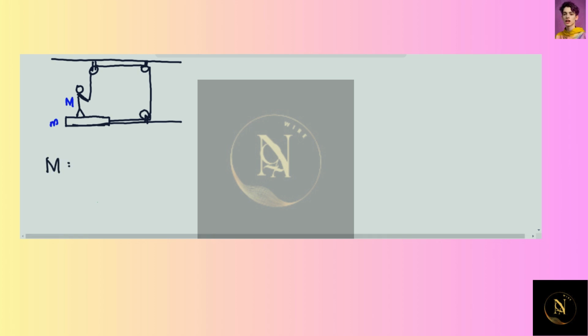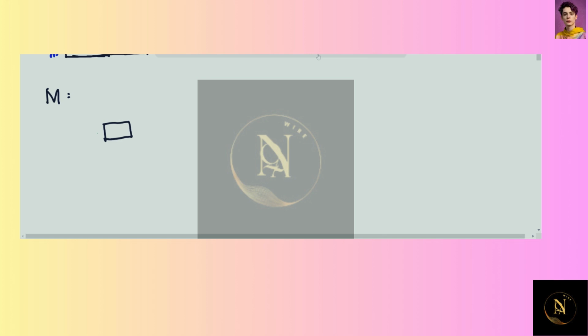Assuming this is the man, a simple model of the man, the forces acting on its body are its weight, the normal force, and the tension of the rope in this direction.